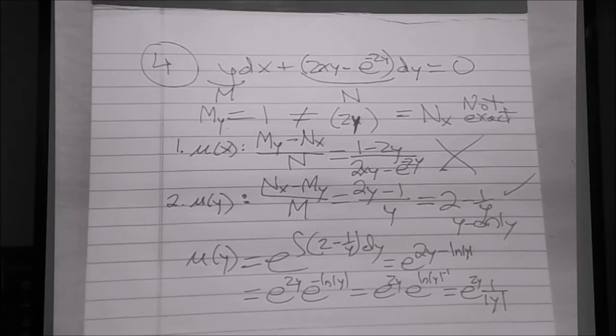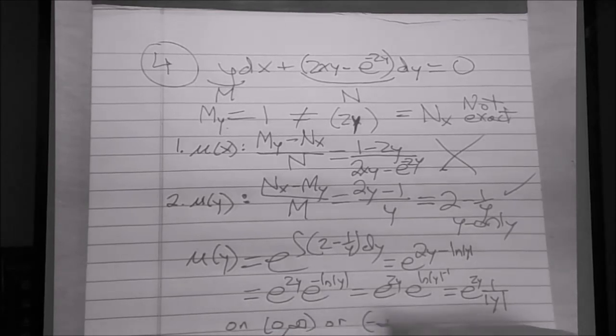And actually, if you omit y equals 0, you can just say on the interval from 0 to infinity, or from minus infinity to 0, we have this. We can choose mu, a function of y, equals just 1 over y, e to the 2y.